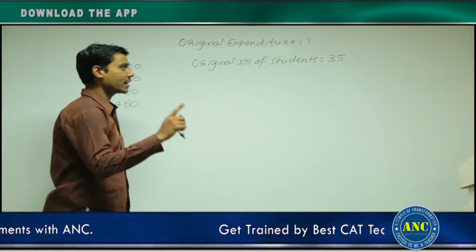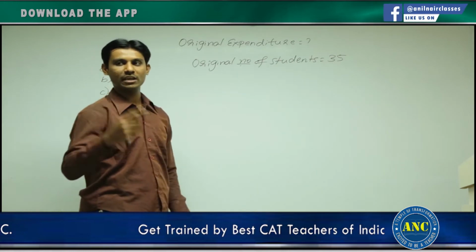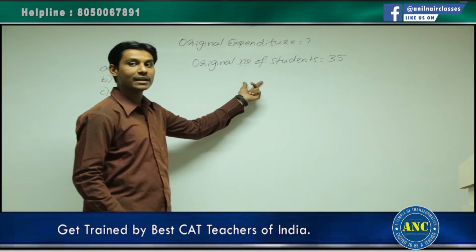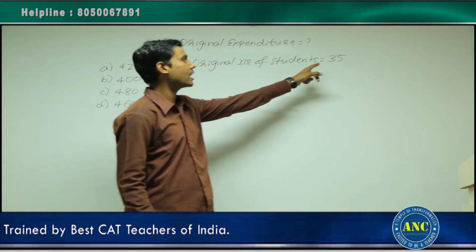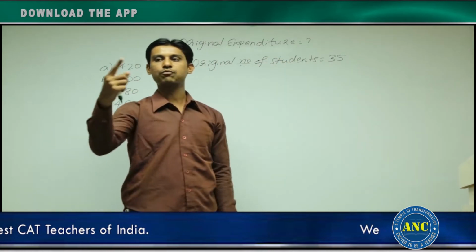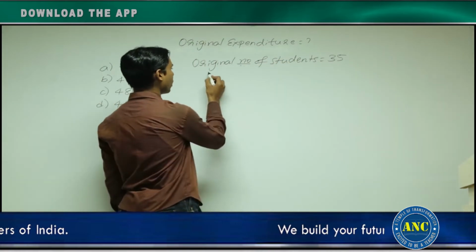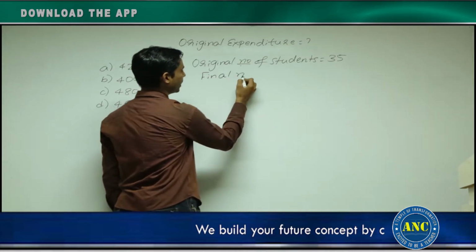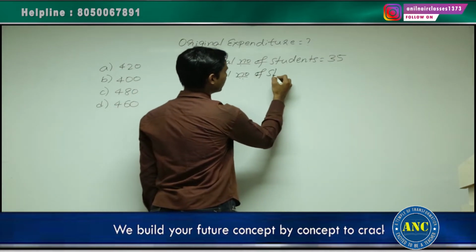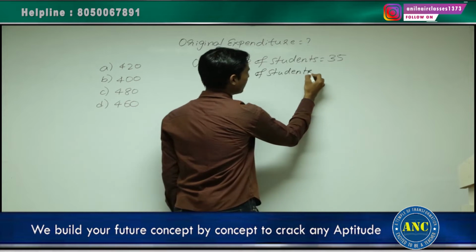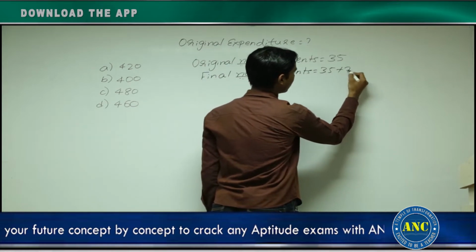If the number of students increases by 7, how many students will it become finally? 42, right? Earlier 35 students, now it becomes 42 students. The final number of students is 35 plus 7, which is 42.